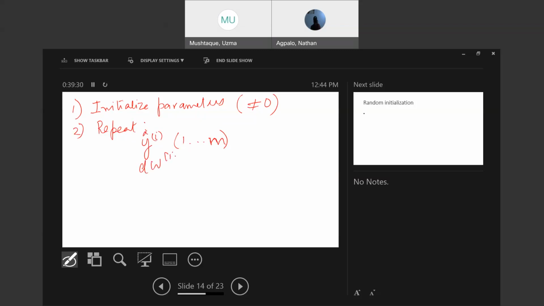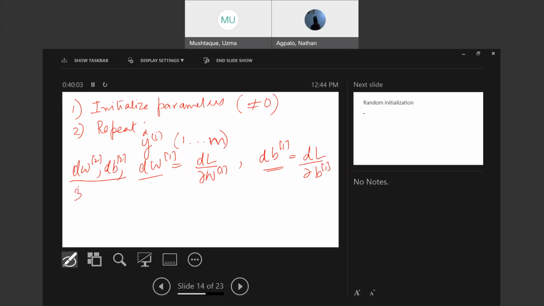So dW1, which is dL/dW1, and dB1, which is dL/dB1. And similar to this, I also need my dW2 and dB2, right? So I'm just assuming that I have these, and this is how they will be calculated. These are the gradients that I'll be calculating. How I'll be calculating them, we are coming to that.